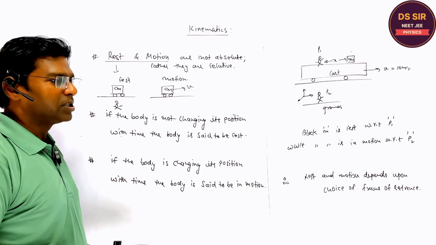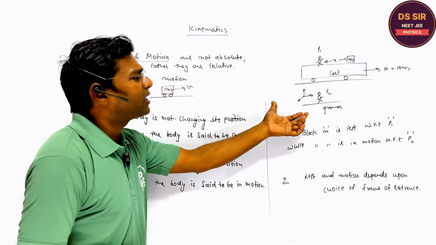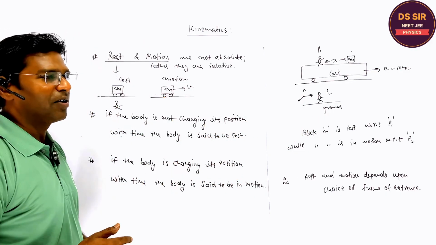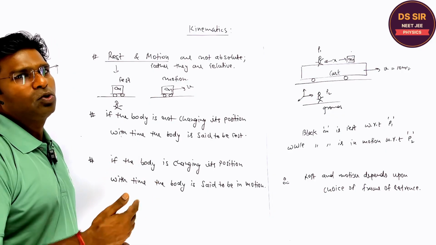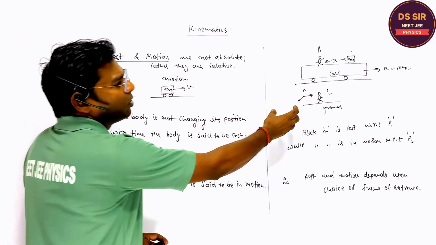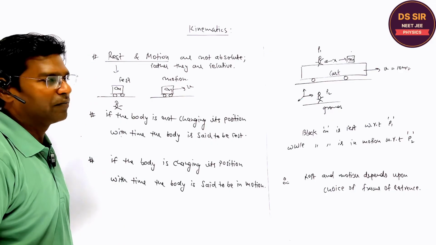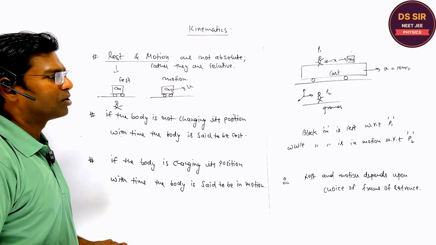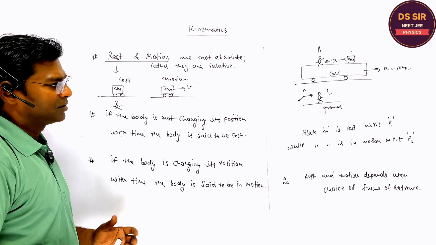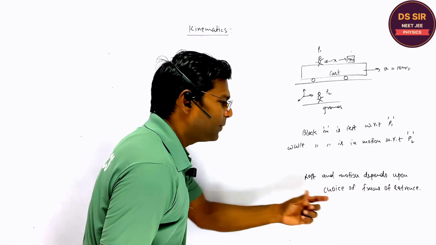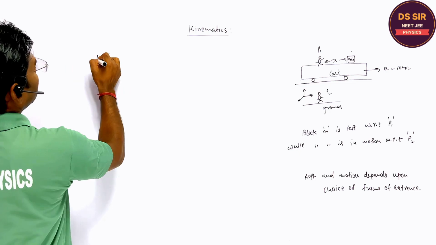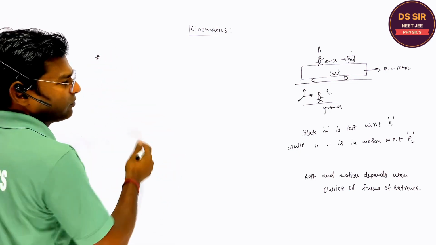Still, we will assume the ground as our frame of reference here. With respect to the ground, we will try to observe the motion of the body in most of the cases. Is it clear or not? Copy this. Rest and motion depend upon the choice of frame of reference, although there are two types of frame of reference.